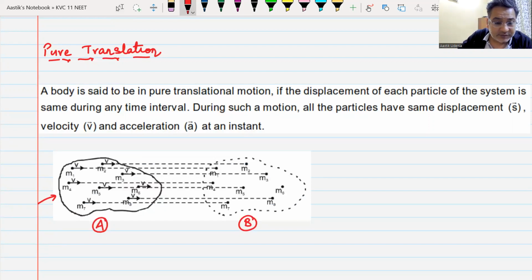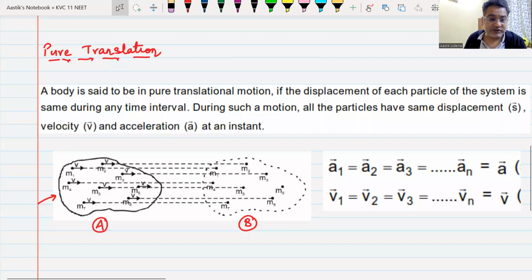Acceleration of all the particles, displacement of all the particles is the same. Do we understand this, everyone?